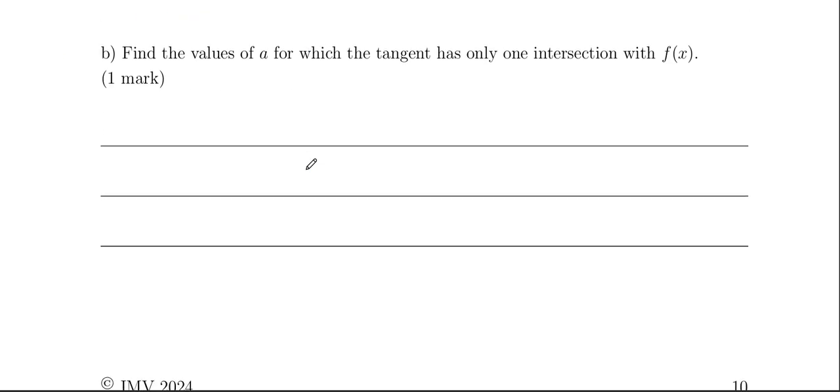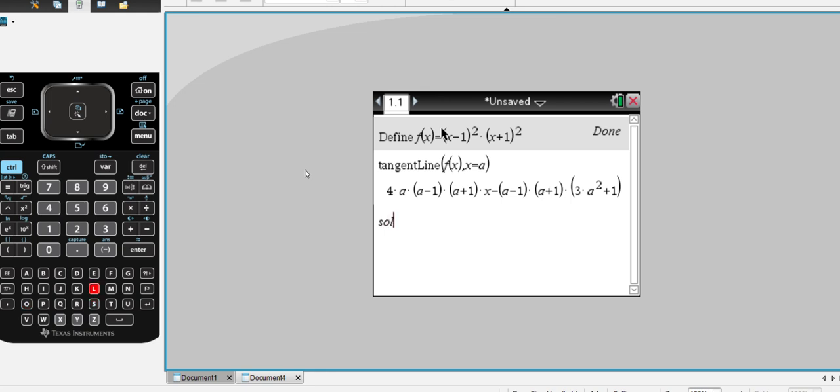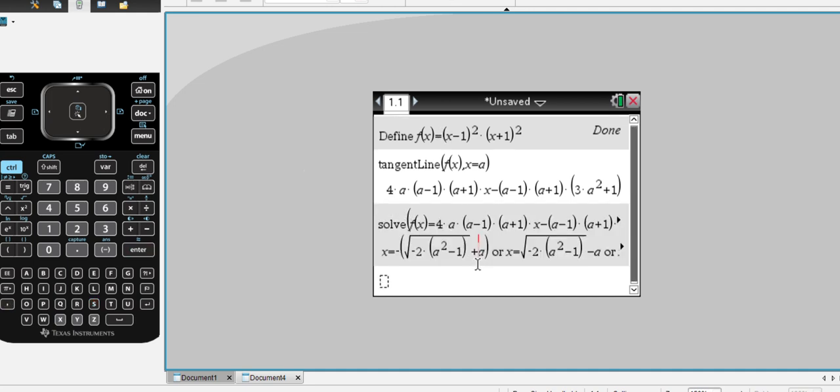Next question, find the values of a for which the tangent only has one intersection with f of x. So what we're going to do here is solve, and set f of x equal to this tangent. And we get 3 solutions. Now, this last one here, x equals a, is always defined, no matter what a is.